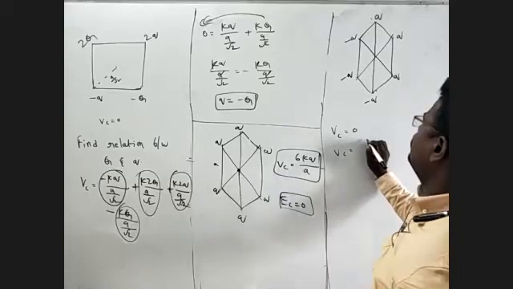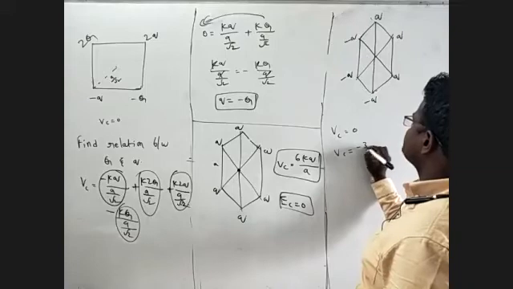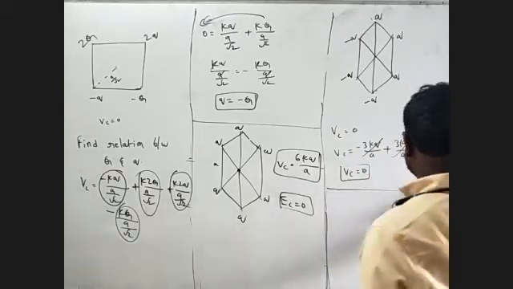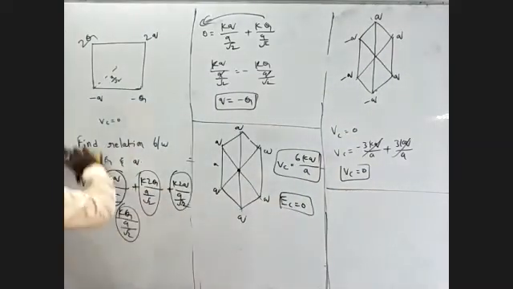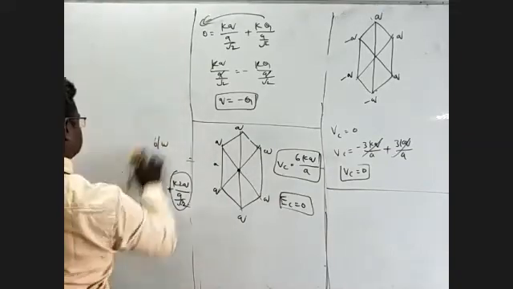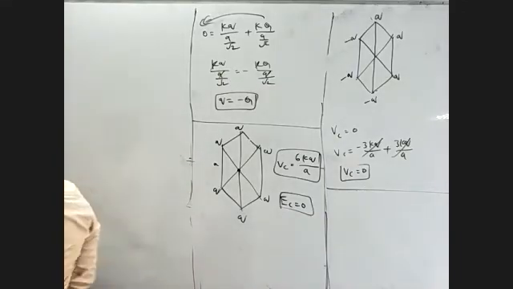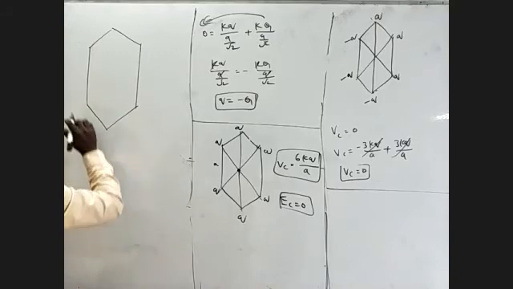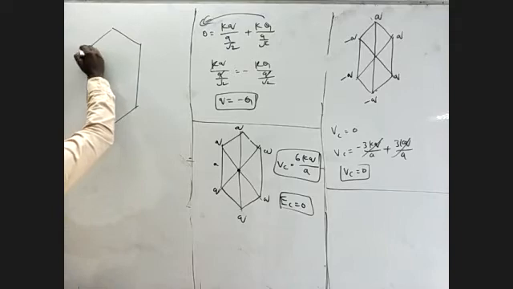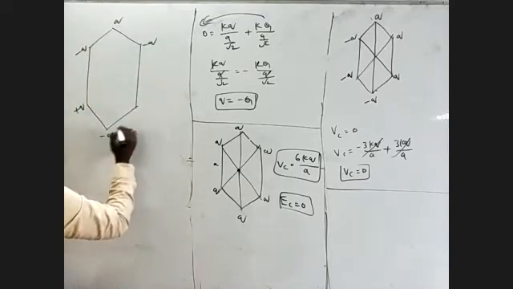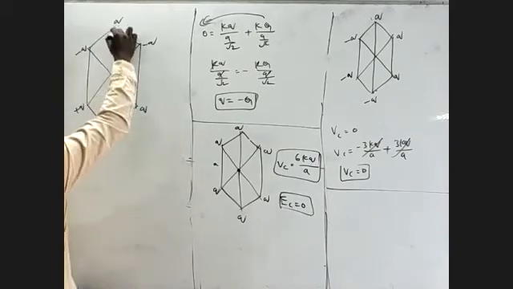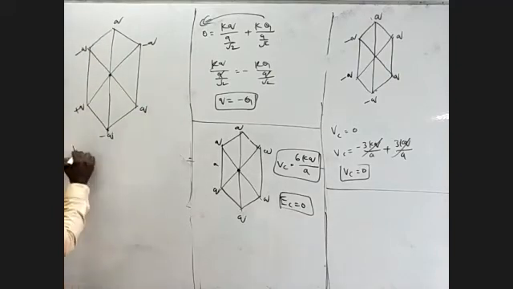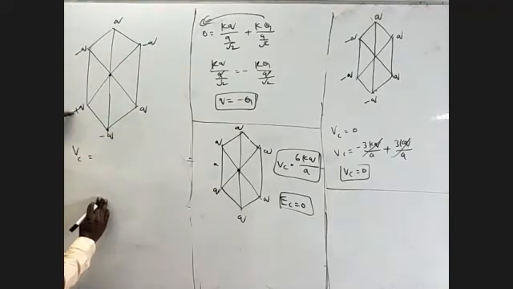So VC is minus 3 kq by A plus 3 kq by A, which cancel each other. VC at the center point is 0.